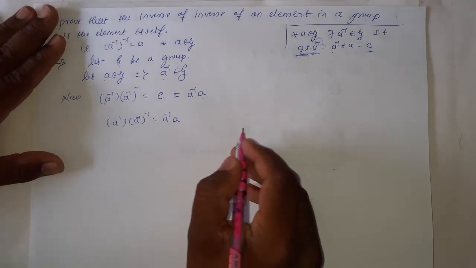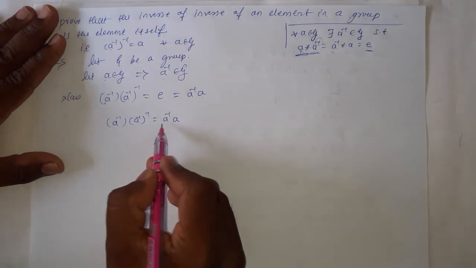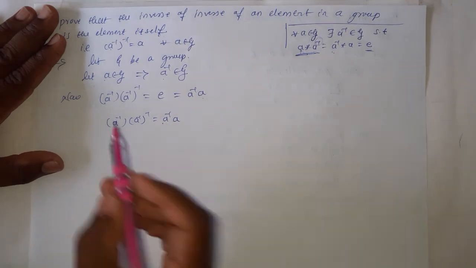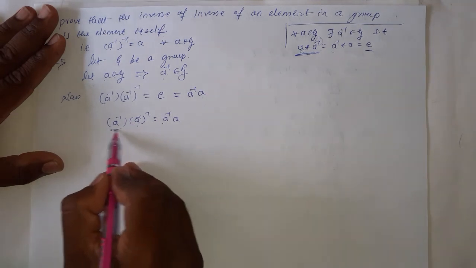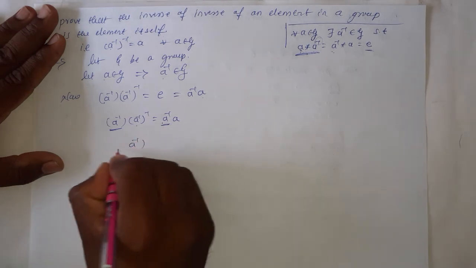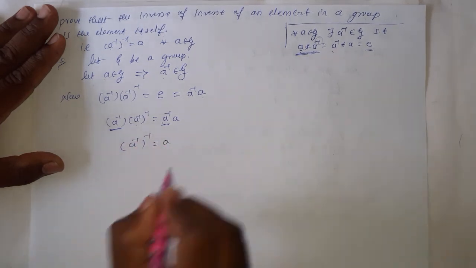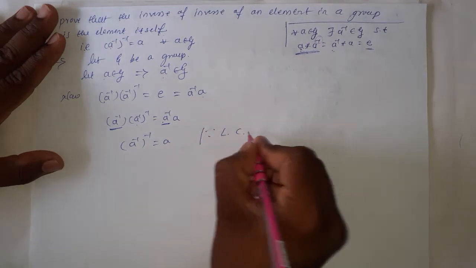Now by using the left cancellation law: on the left of A we have A inverse, and on the left of this element we have A inverse, so we can cancel out these A inverses. Then the remaining A inverse whole inverse is equal to A. This is by using the left cancellation law.